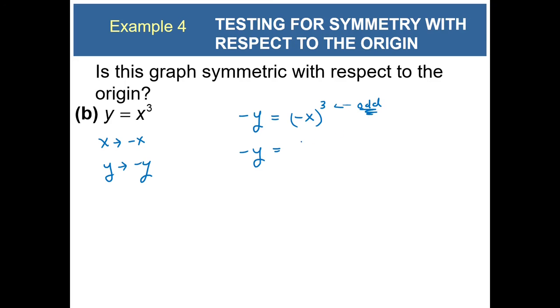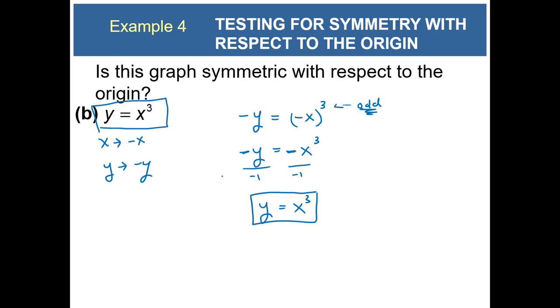But this is negative and that is negative, so I could divide both sides by negative 1. And we get y equals x cubed. And that is the same as the original problem, so we know it is symmetric about the origin also.